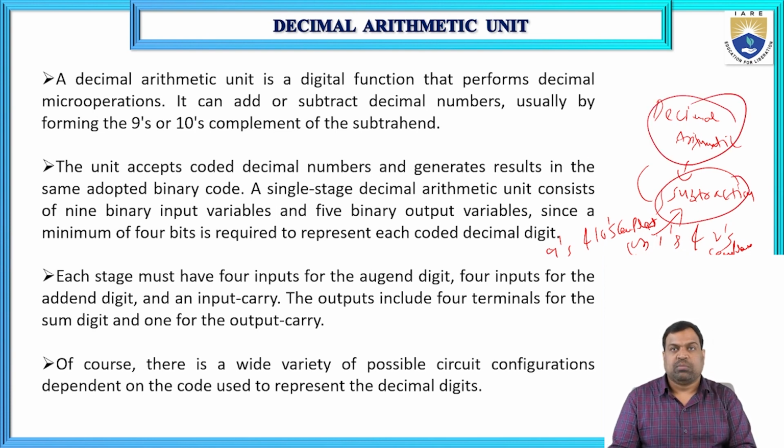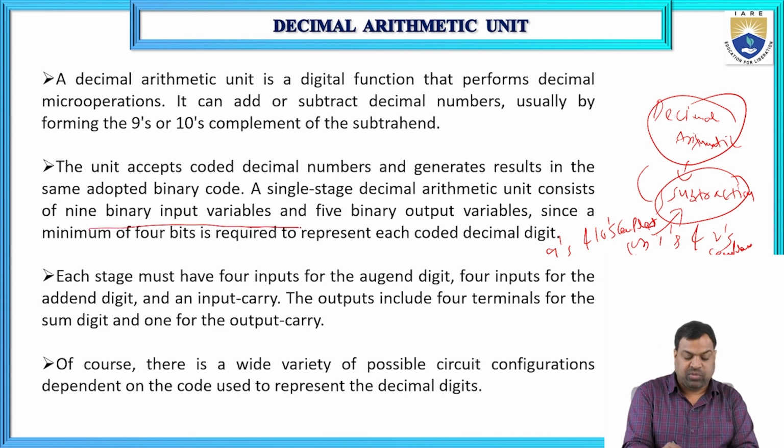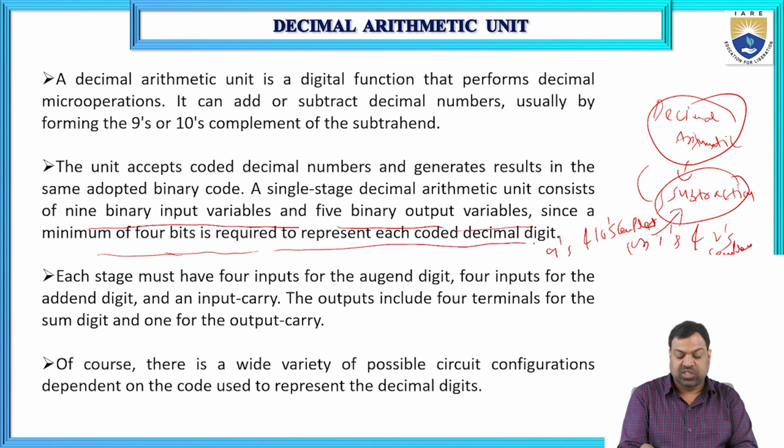The decimal unit generates results in the adapted binary code. A single stage decimal arithmetic unit consists of 9 binary inputs and 5 binary output variables, 9 plus 5, 14. Since a minimum of 4 bits is required to represent each coded decimal digit, each stage must have 4 inputs for the augend, 4 inputs for the addend digit, and an input carry.